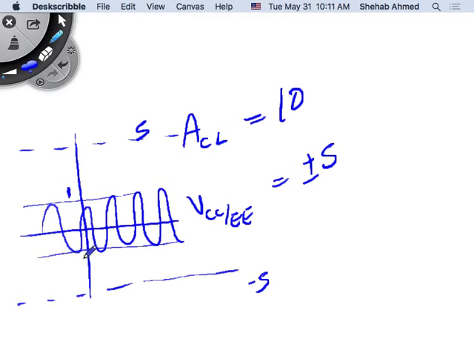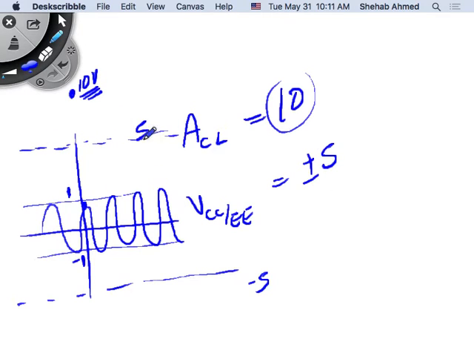This is 2 volt peak to peak or 1 volt peak, okay? Then if I multiply it by the gain, what do you get? 10 volts, right? Assuming infinite bandwidth, you will get a signal that has a peak value of 10. Your supply voltage is 5.